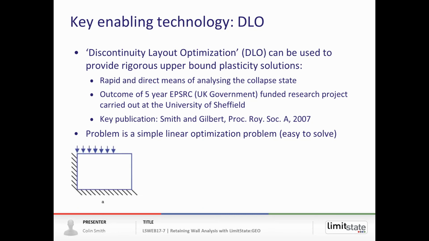So here we have a block of soil with fixed boundaries to the left and to the base, with a load on the surface. Now, in contrast to a finite element method, we don't split this into elements. We actually populate the domain with nodes. So here we've got 3x4 nodes, that's 12 nodes.